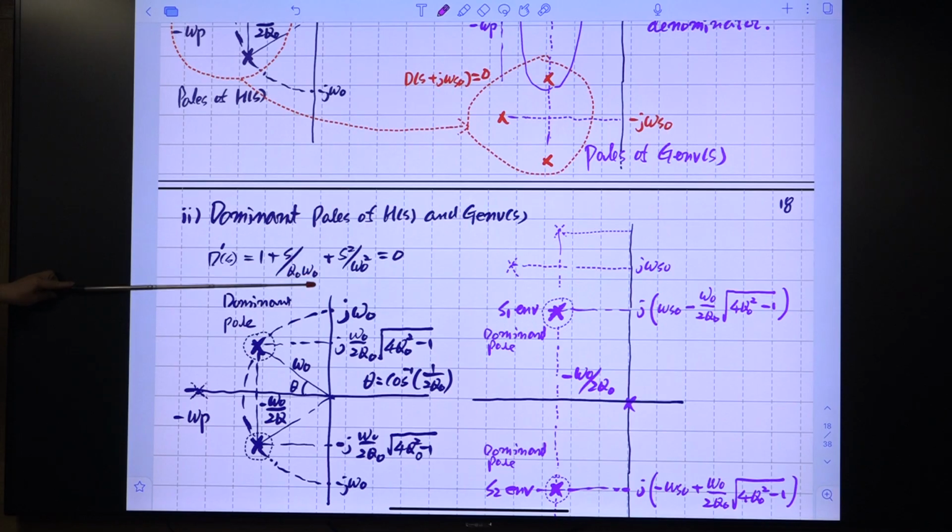This is the standard second order equation. You know the location of the roots of this. So this is one root, this is another root. The real coordinate of the root is this one, and the imaginary coordinate is this one, plus j, minus j. They are symmetric, complex conjugates.